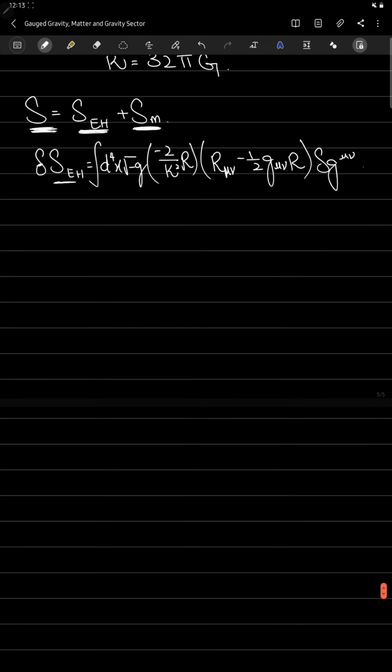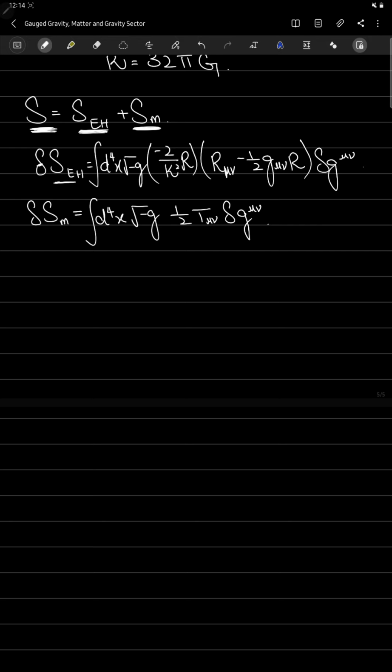So I'm just using those expressions and varying them with respect to the metric tensor g mu nu. So the matter action becomes d4x times square root of minus g times 1 by 2 T mu nu, and the change in g mu nu.